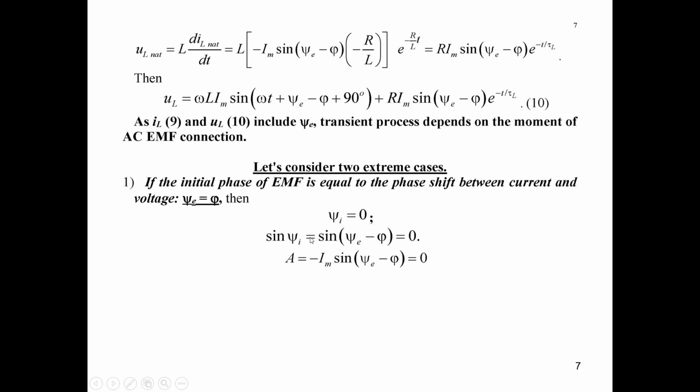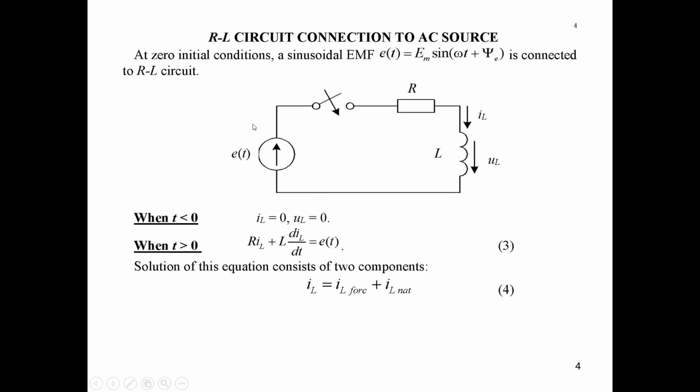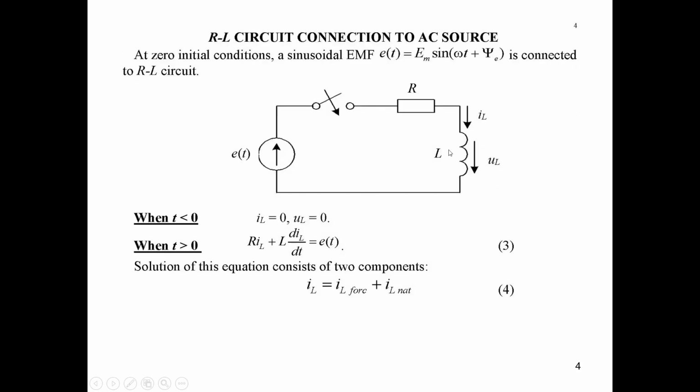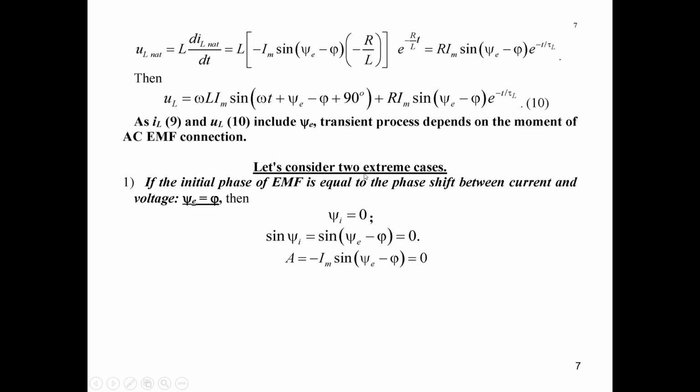So let's consider two extreme cases. First, it's when initial phase of electromagnetic force, of this EMF of this source, when its initial phase psi of this source is just equal to phi.